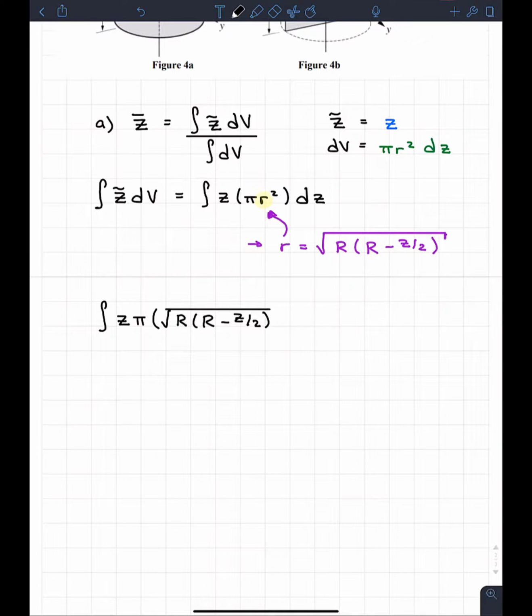So this is what r is equal to. And we know that in our original equation, it's actually r squared. So we're going to square all this and then multiply it by dz.